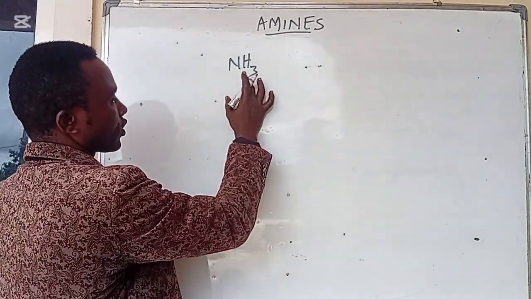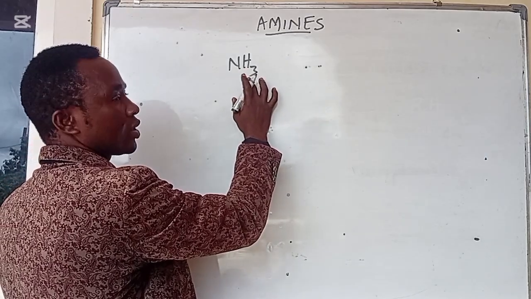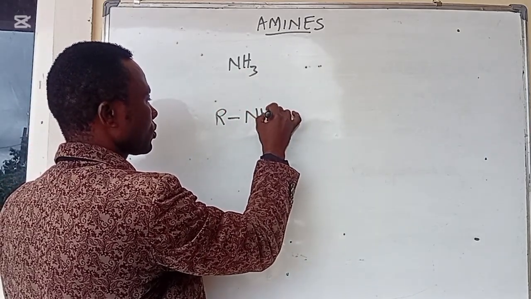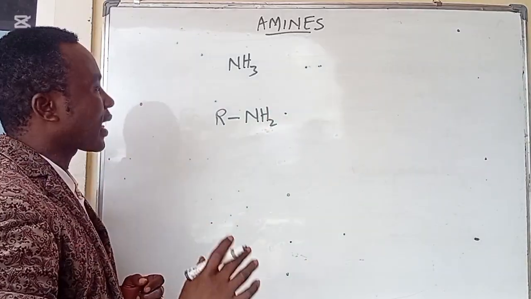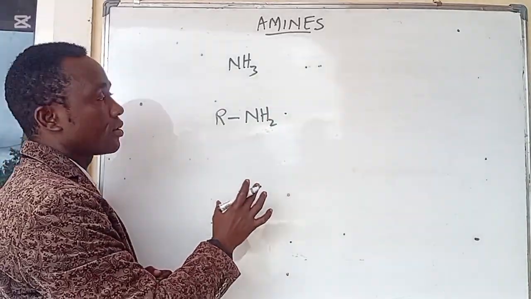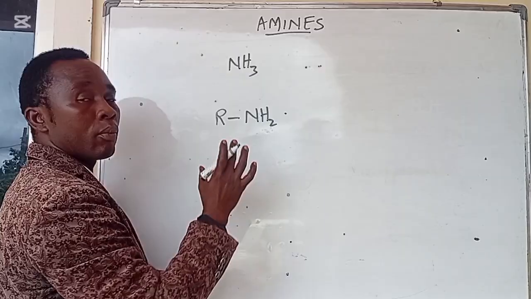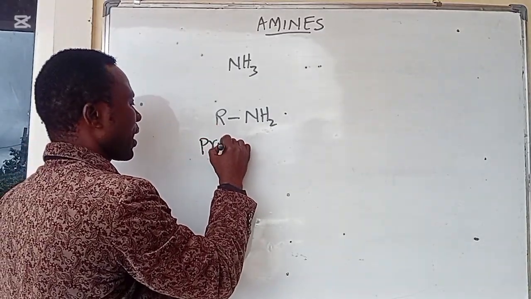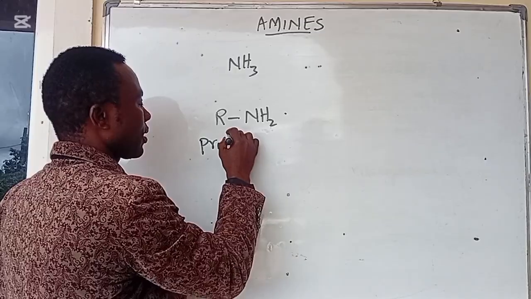Now, let us replace one hydrogen of the ammonia with an alkyl group. We'll be having RNH2. This class of amines, where one hydrogen of ammonia is replaced by an alkyl group, is called primary amines.